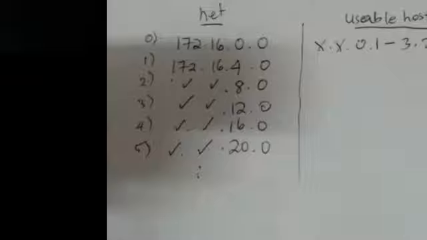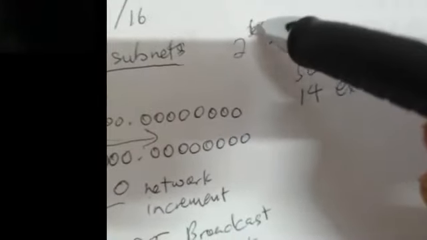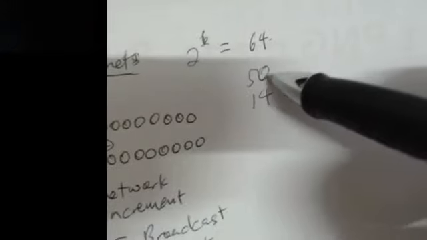So let's find an easy way to find the network address for the 64th subnet. Remember, we saw earlier on that we borrowed 6 bits. So 2 raised to the power 6 is 64 subnets, and we only need 50.